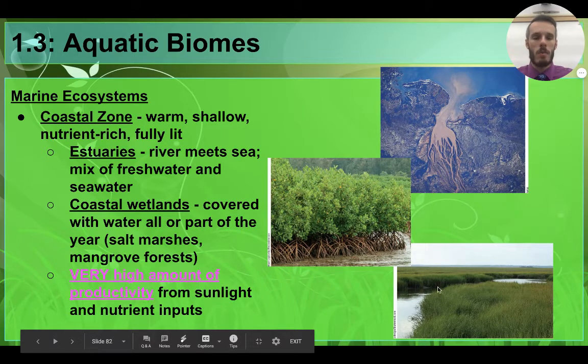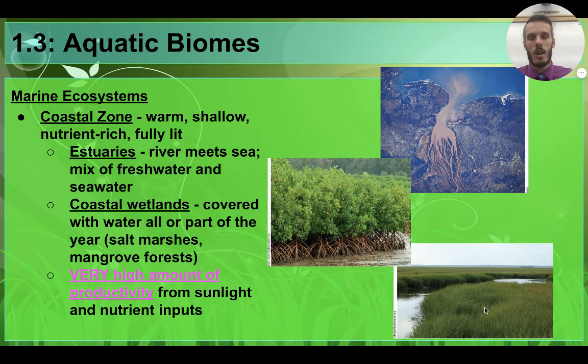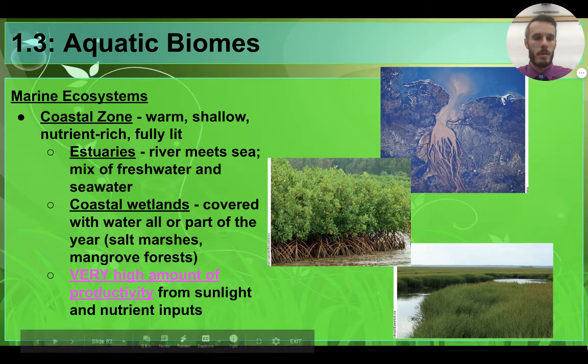Okay, so this is the mangrove forest, this is a salt marsh. Again, both of these are considered to be marine wetlands. Freshwater marshes are similar, they just have fresh water.